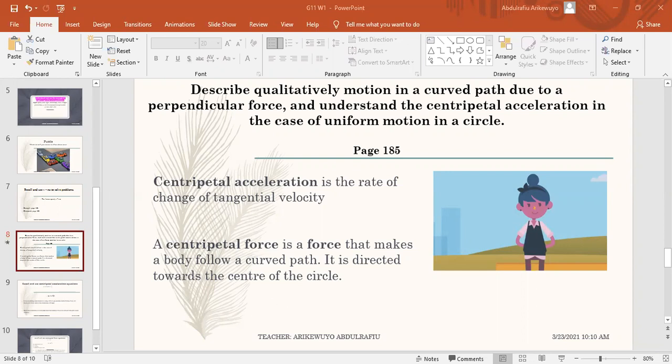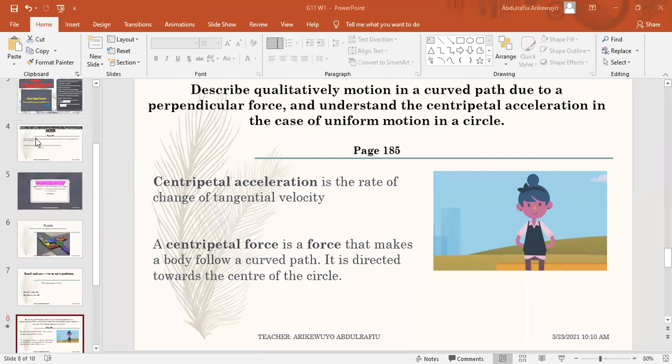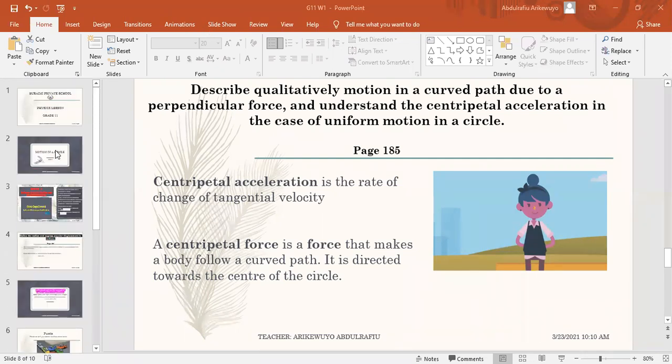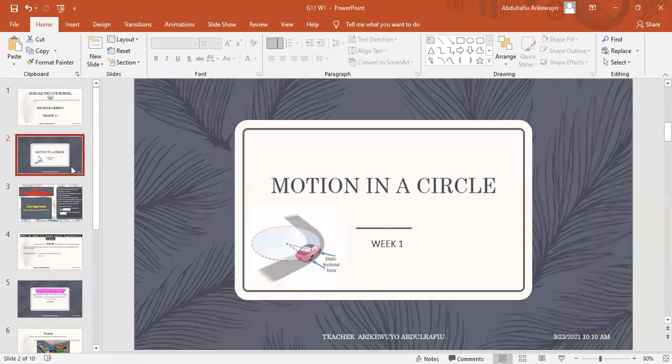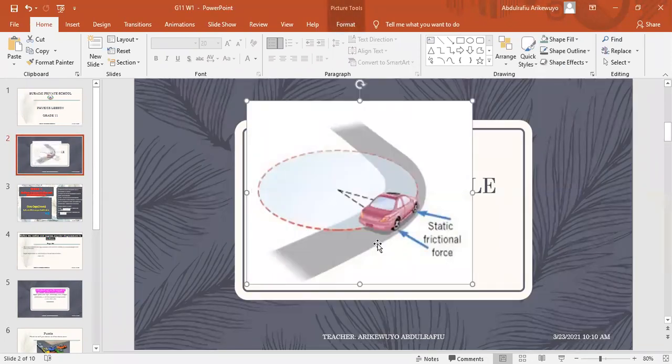Now, I want to draw something. Let me go back to the image up here. Look at this picture. This is a car moving around the roundabout, right? Normally, if this car is moving, it's supposed to be going straight like this.